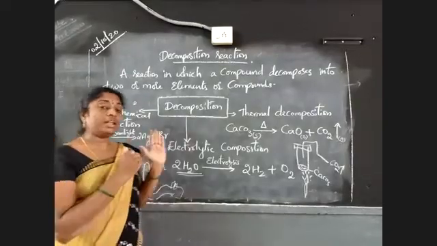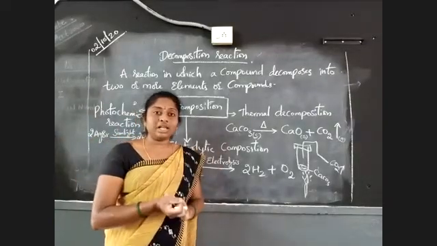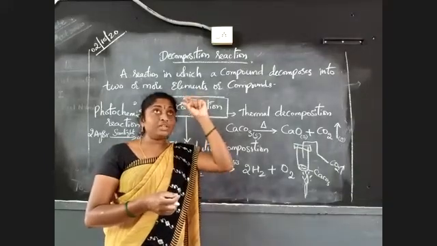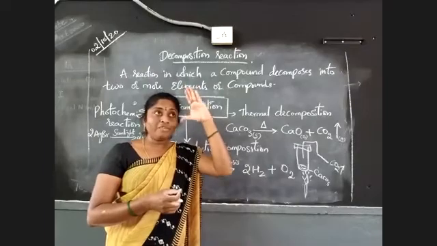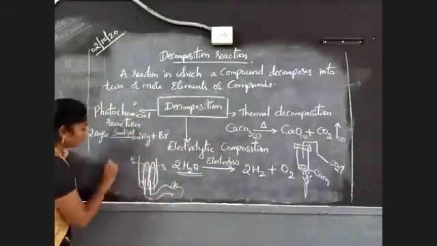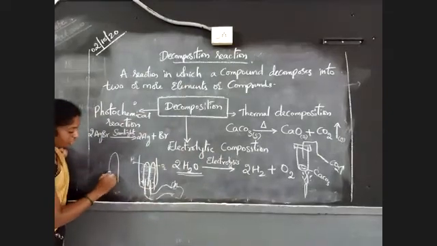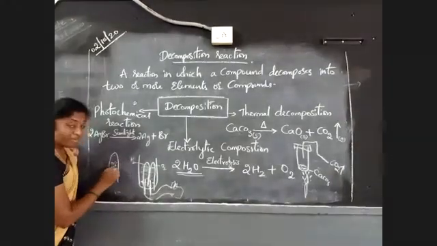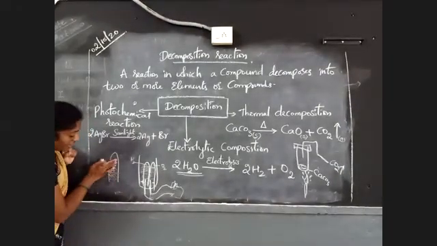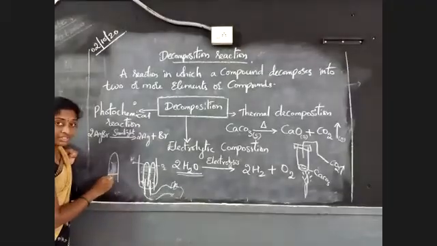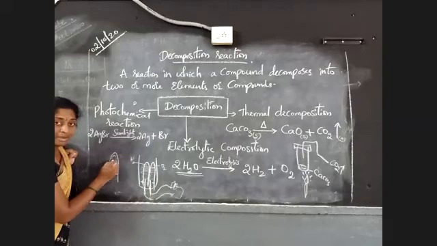How can you say which is hydrogen and which is oxygen? The test tubes will be filled with water at first. Slowly small bubbles arise, and when the bubbles arise, the water level decreases. When the water level decreases, you can understand that some gas is filled up here.